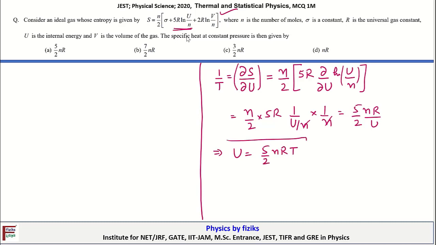So we have obtained a relationship that connects the internal energy with the temperature, and from here Cv is equal to dU/dT.